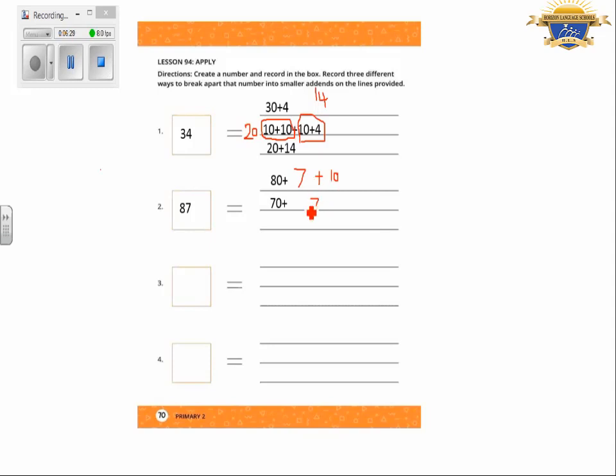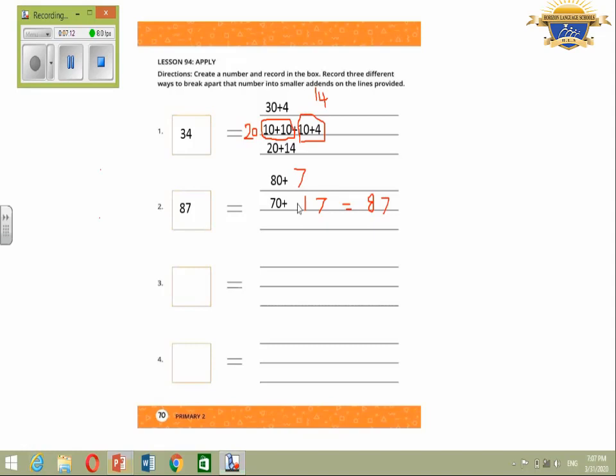And 1, there is nothing in tens, so the 1 will be written as it is. So the second way is 70 plus 17. Let's group it together. 7 plus 0 equal 7. And 7 plus 1 equal 8. So it gives me 87.